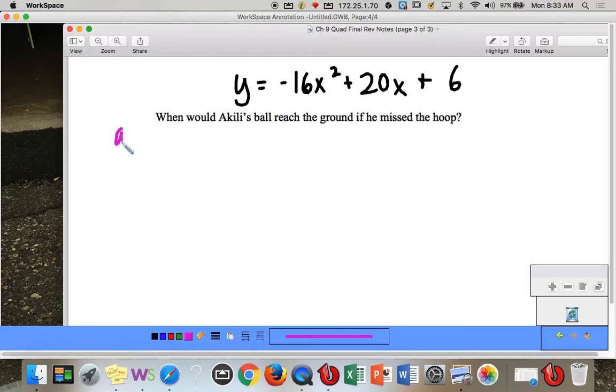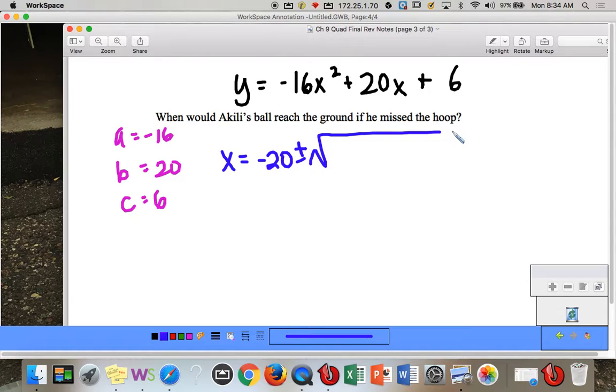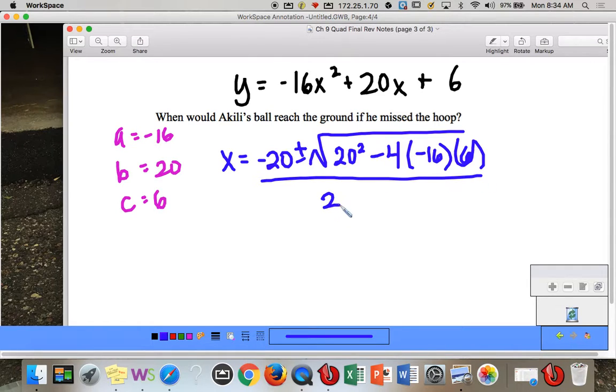Find a, b, and c. A is negative 16, b is 20, c is 6. x equals opposite b, plus or minus the square root of b squared minus 4ac all over 2a. Figure out your three numbers.